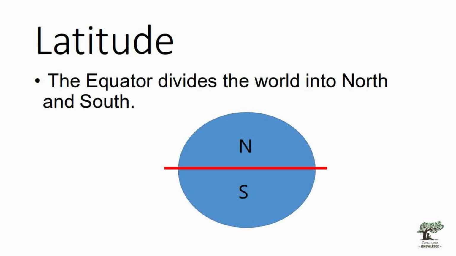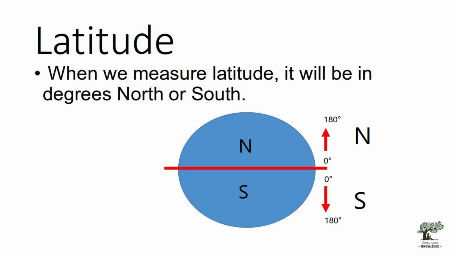The equator in the middle also divides the world into north and south. These are our directions, and also the northern hemisphere and the southern hemisphere. When we measure latitude, it will be in degrees north or south. Starting from the middle at 0, we can go up to 180 degrees, and it will always be north.